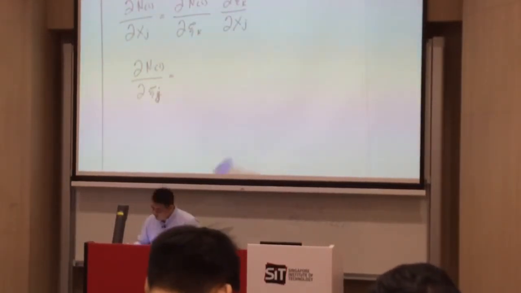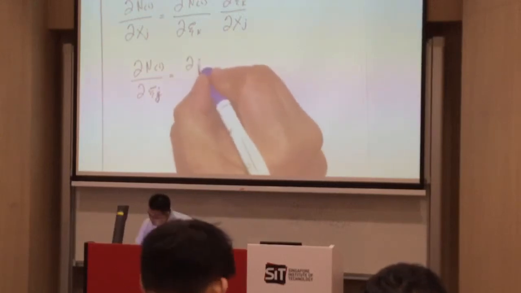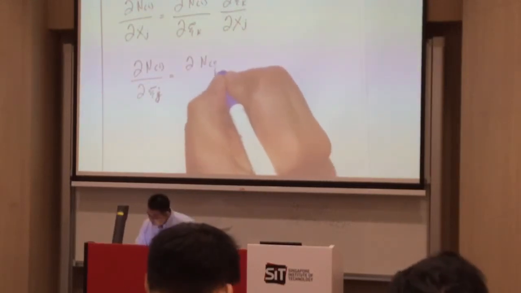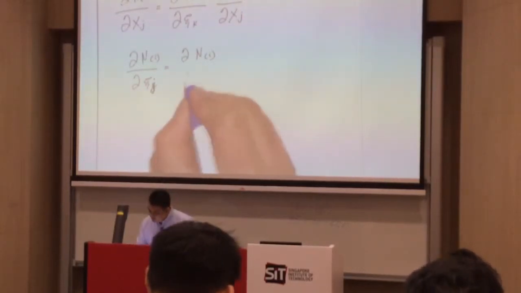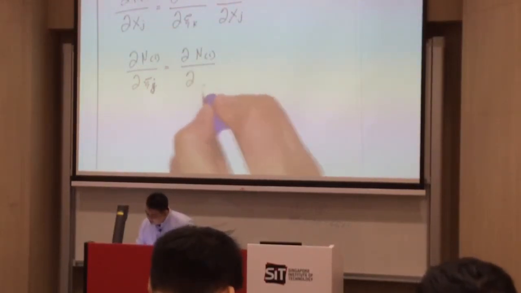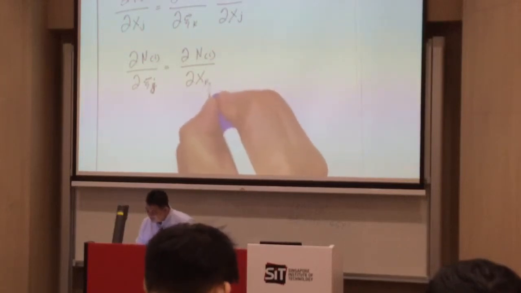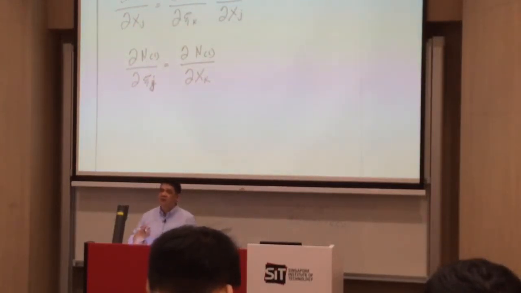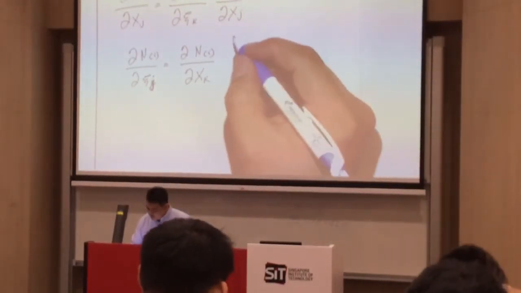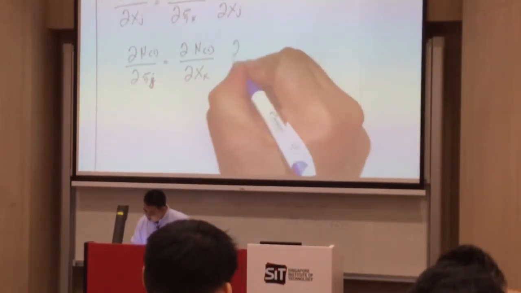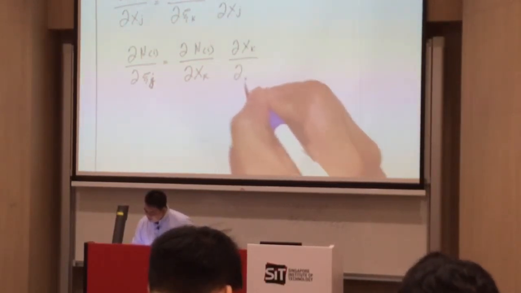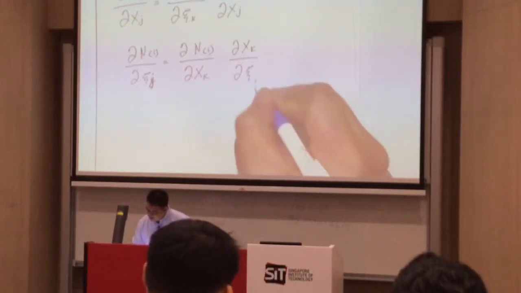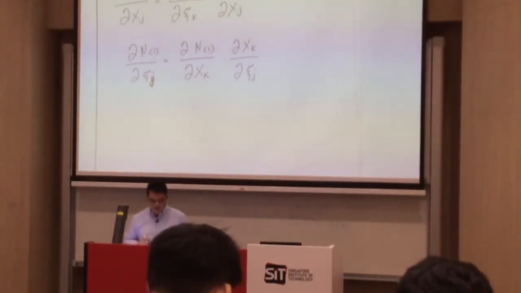So I have now the partial of Ni with respect to xk. If you put in m and t, it's just a dummy variable. And then we have here the partial of xk with respect to cj.